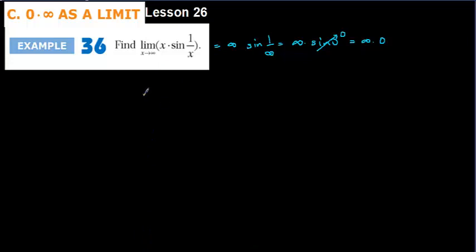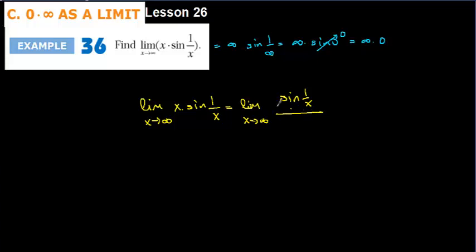Limit x tends to infinity of x times sine 1 over x: when this x goes to the denominator, it's written as 1 over x, so sine 1 over x over 1 over x.